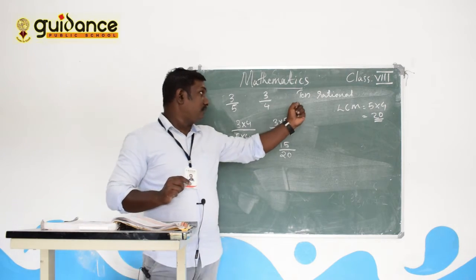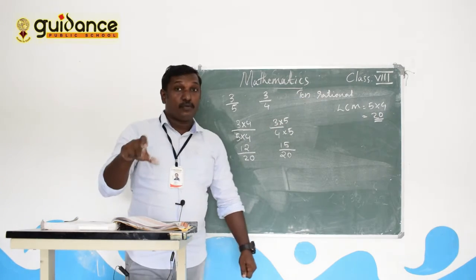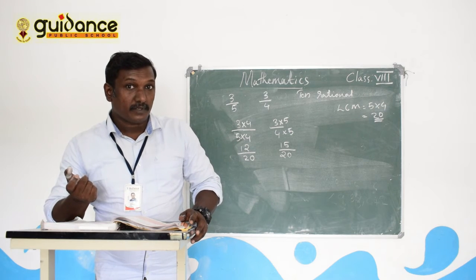How many numbers do we want? We want 10 rational numbers. So we want to multiply with what? 11.